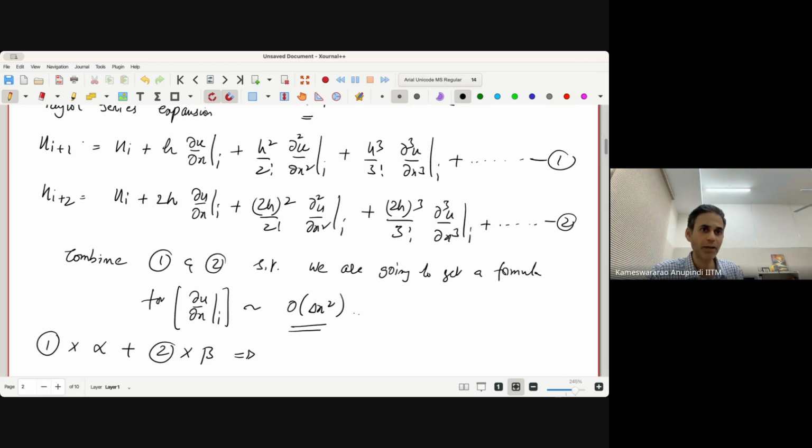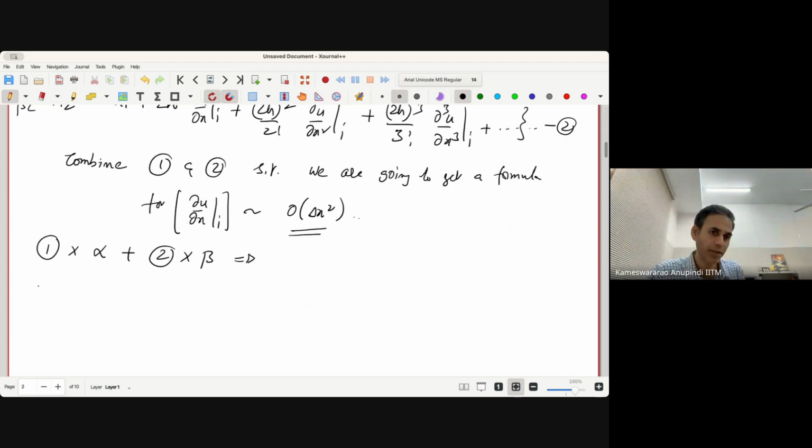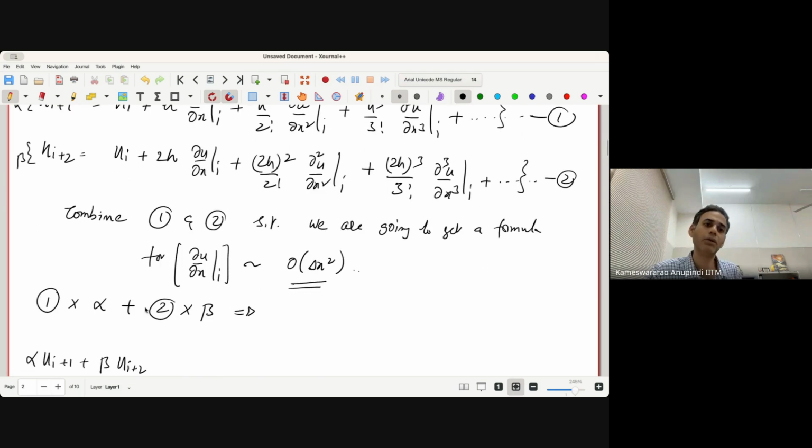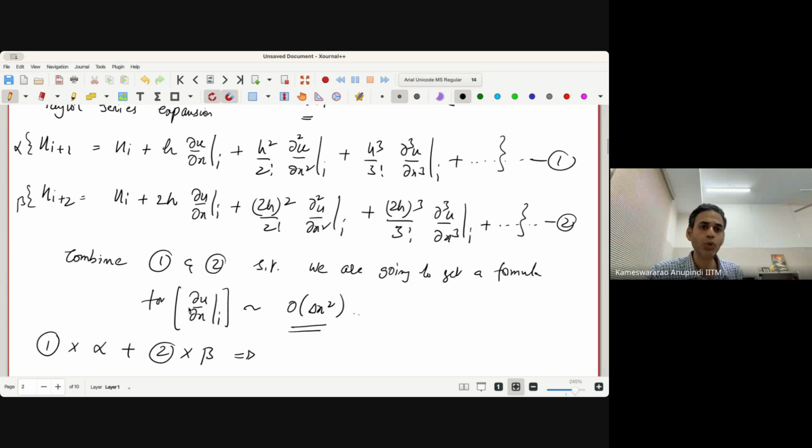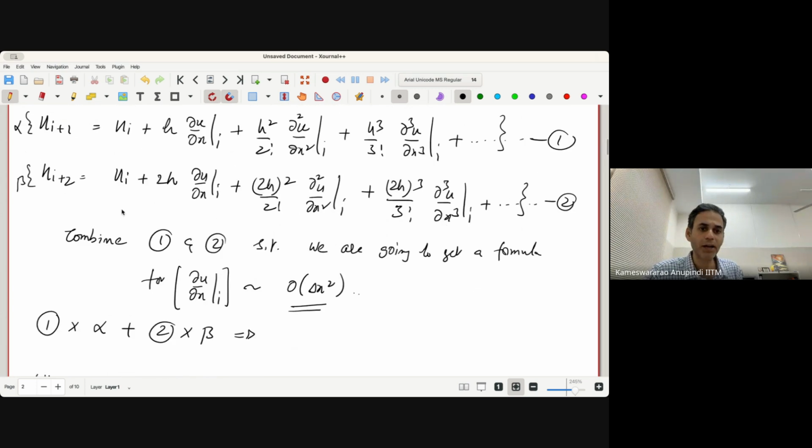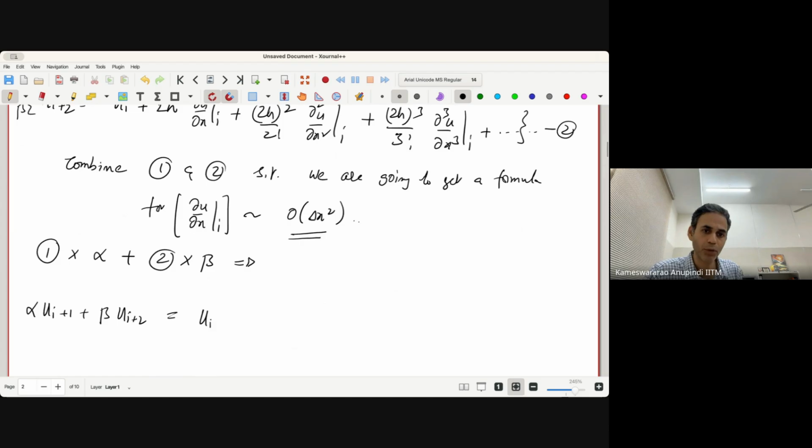That means on the left hand side, when I multiply the first equation with alpha and the second equation with beta, and then sum them up individually on both left and right hand side, we have alpha times u i plus 1 plus beta times u i plus 2 on the left hand side, equals u i times alpha plus beta.